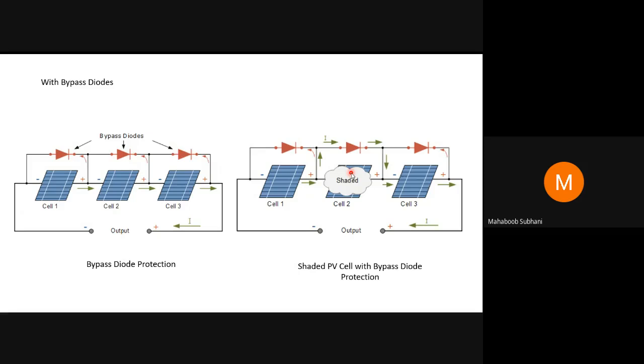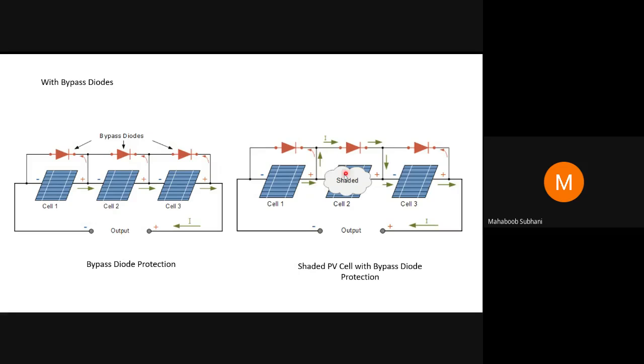Now, by placing this bypass diode across the cell in parallel, what this bypass diode does is limit the high reverse voltage. It will not allow the reverse voltage to increase much higher than earlier.